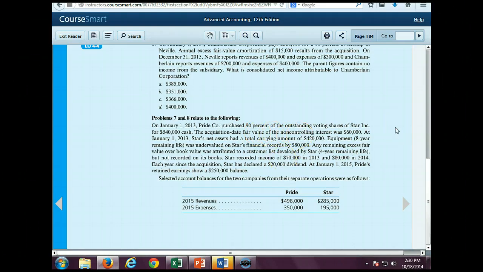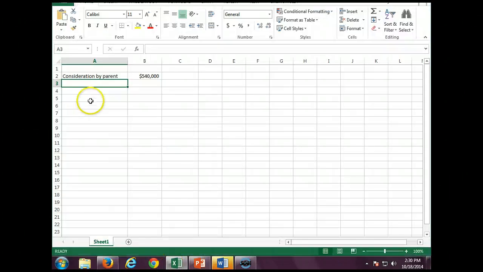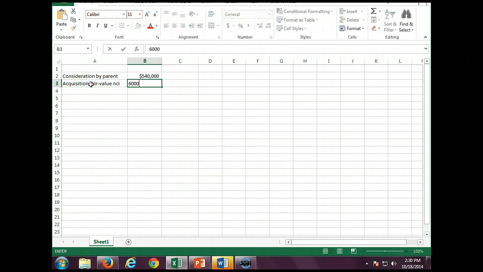See how it gives us that? So we're going to add acquisition fair value of NCI 60. Okay? So the total fair value is going to be the 600,000 here. Okay?